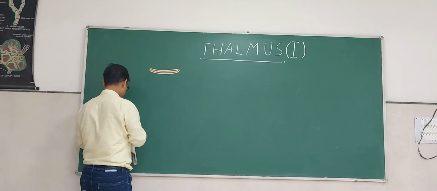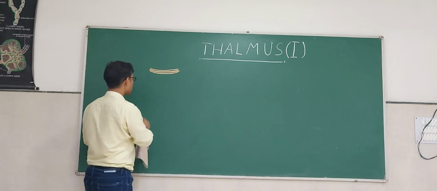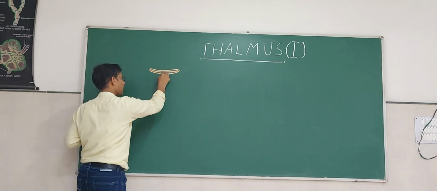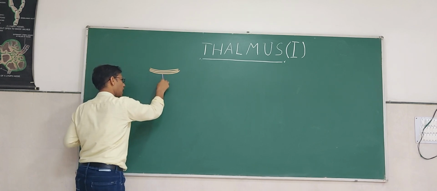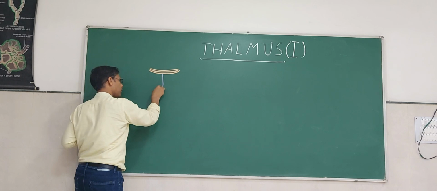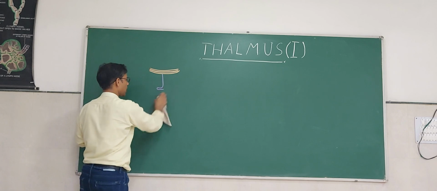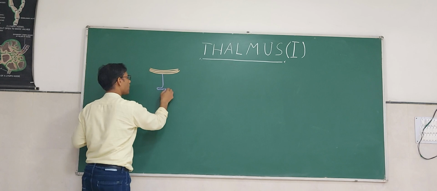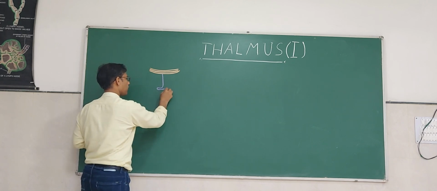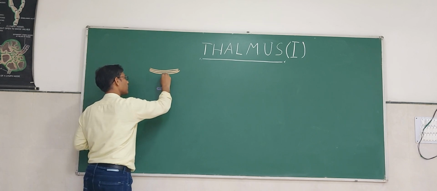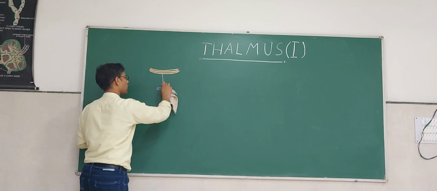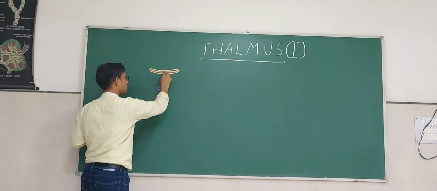Then, underneath this, there is the septum pellucidum, which is dividing the two lateral ventricles. And lastly, the lower part of the septum pellucidum is known as the fornix, which is just separating the two lateral ventricles.